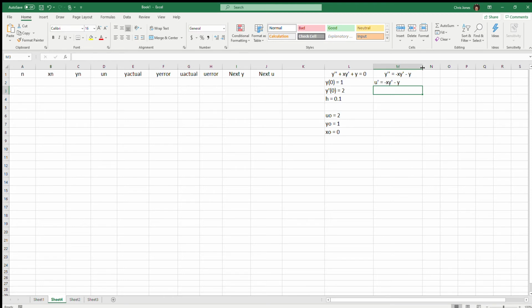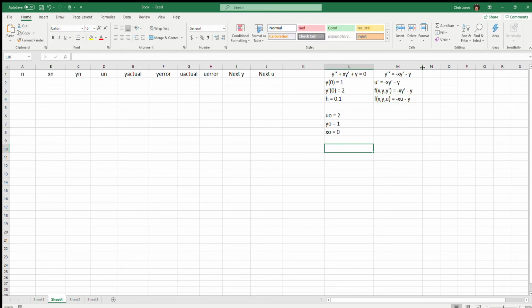But probably the preferred way we'd like to write this is that the function f at x comma y prime is going to be equal to minus xy prime minus y. And by the way, these are all the same thing. It's just different ways of denoting them, and I just want to make sure everybody's okay with the different denotations. Or probably the most useful way we can write this is f at x comma y comma u is going to be equal to minus xu minus y.